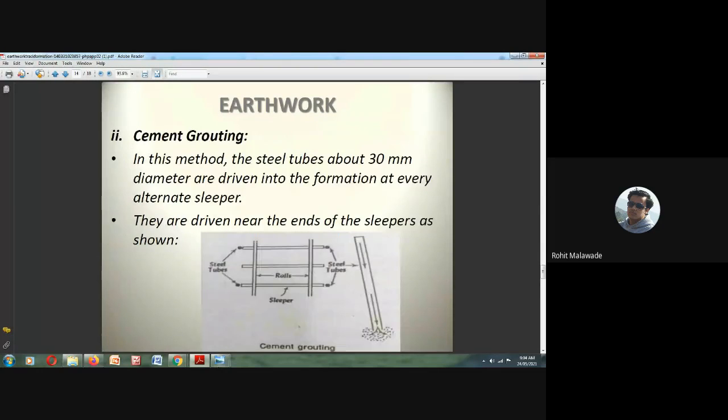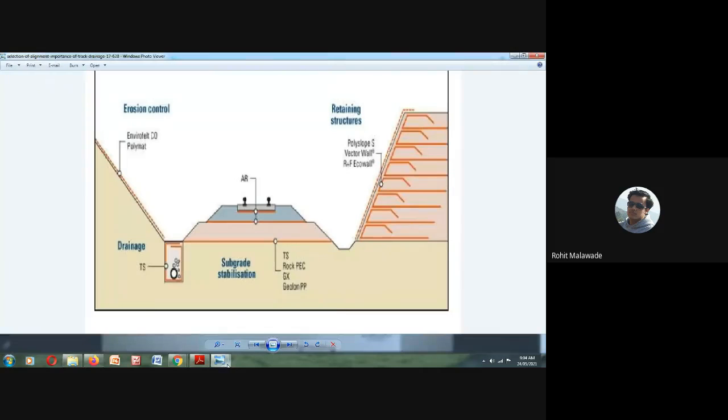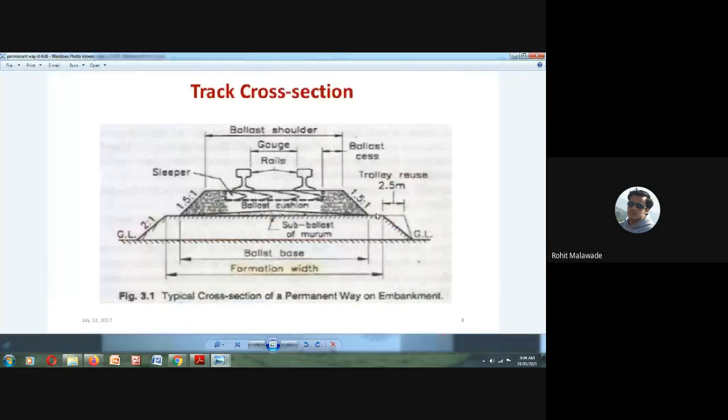Suppose in your permanent way the soil is a bit loose. We are going to have tubes of around 3 centimeter, in these 3 centimeter holes, about 150 centimeter deep, and then we are going to pour the cement grout into it.